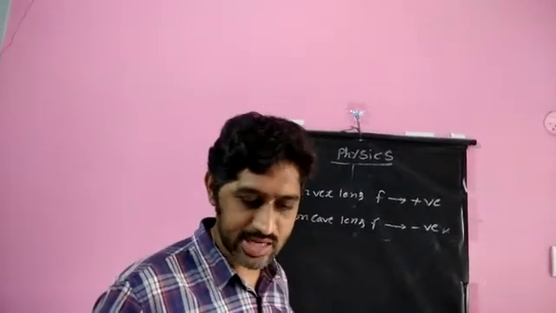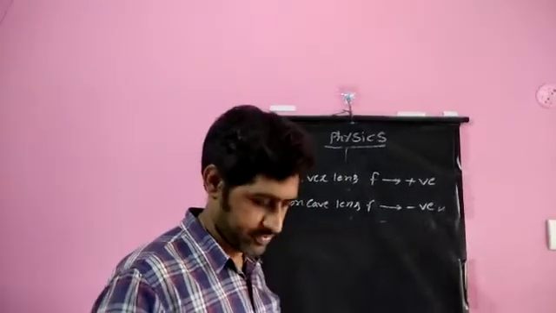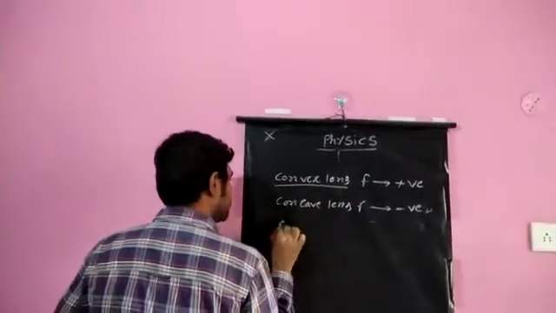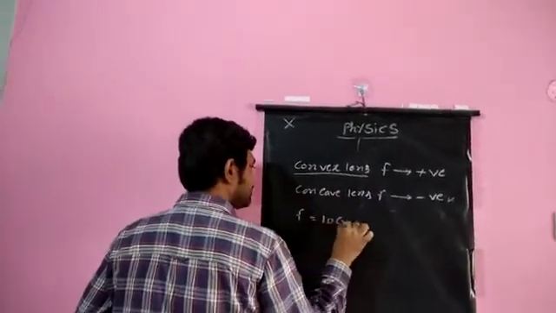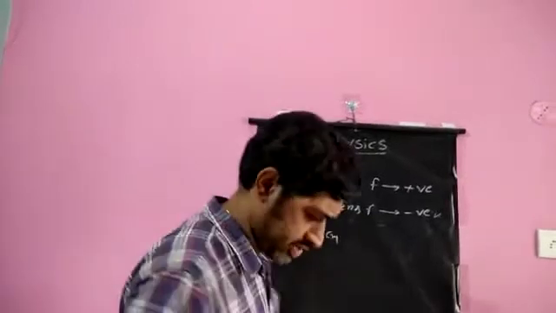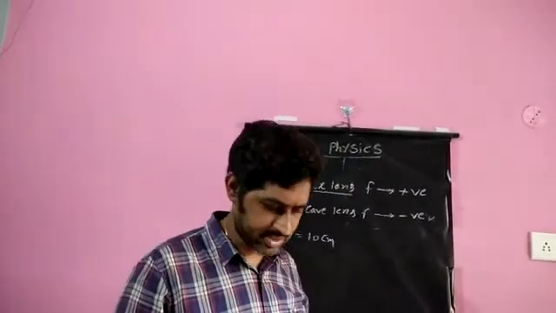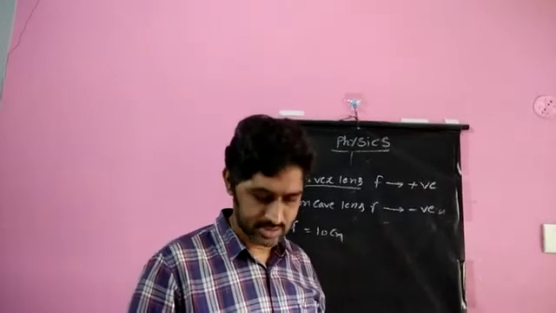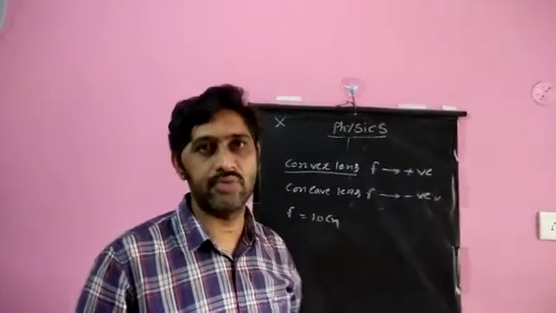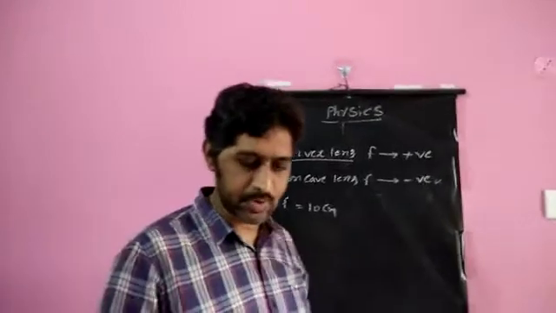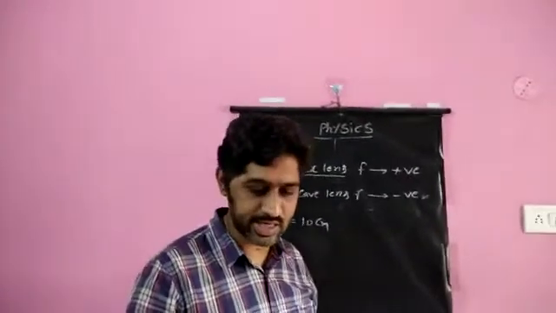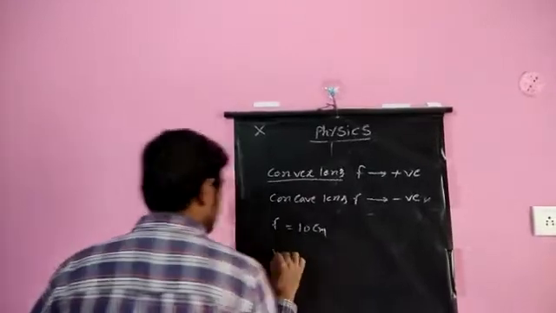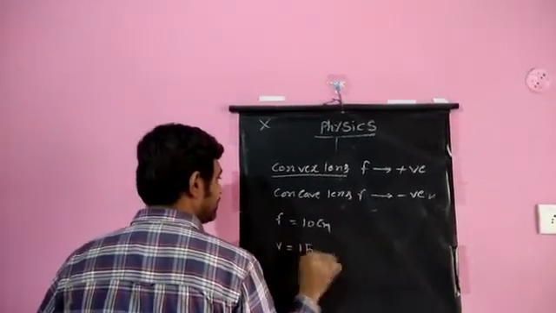A convex lens has a focal length of 10 centimeters. If the image produced by it is 15 centimeters behind the optical center of the lens, the image which is formed is 15 centimeters behind the lens.